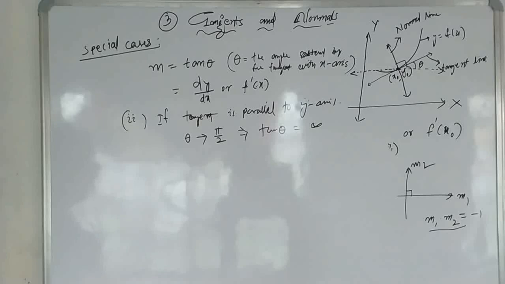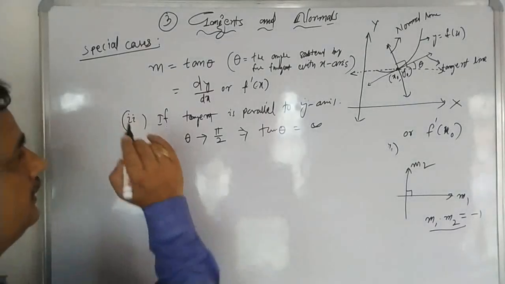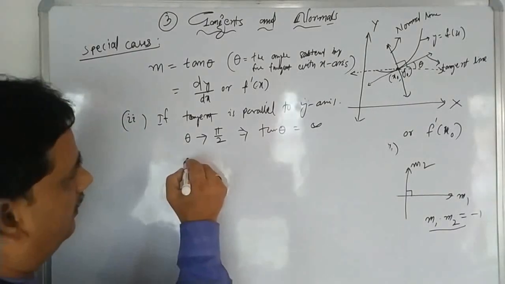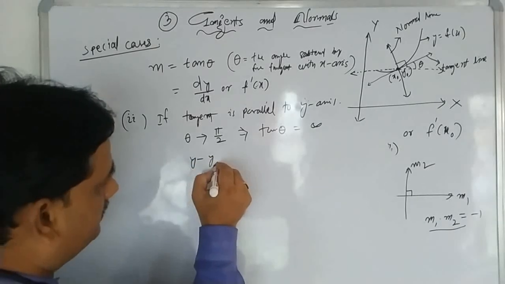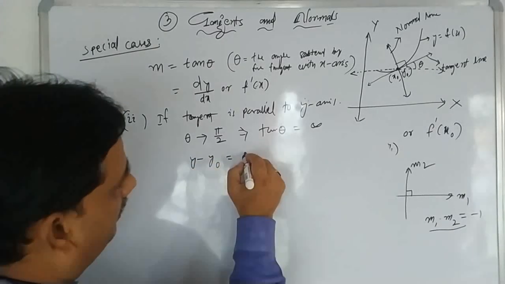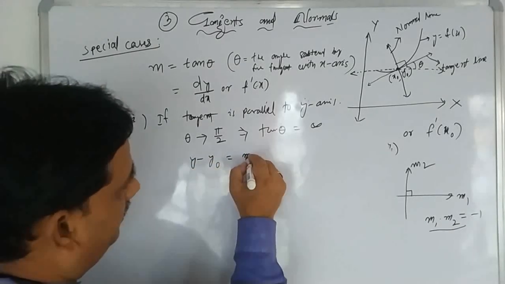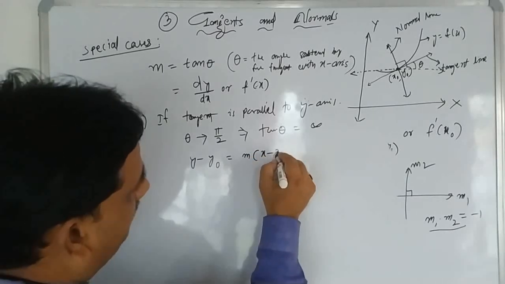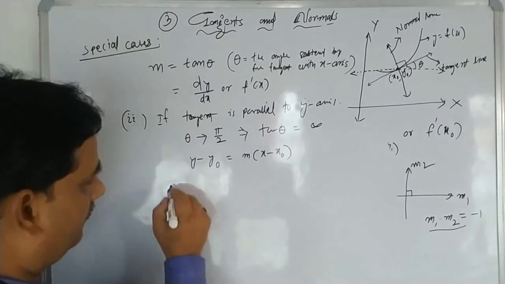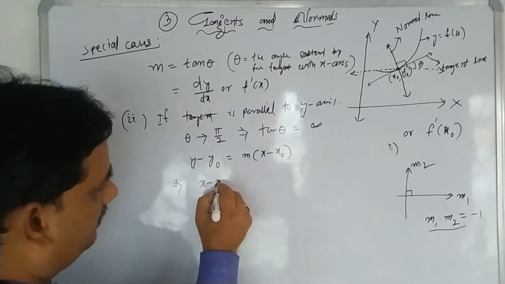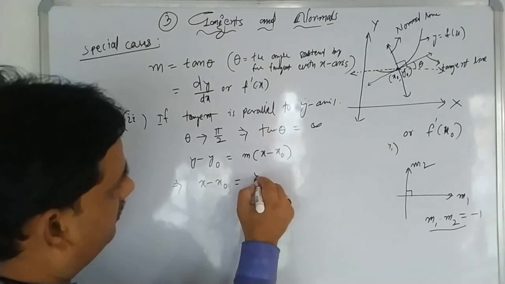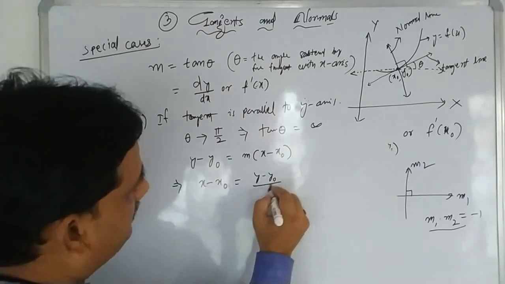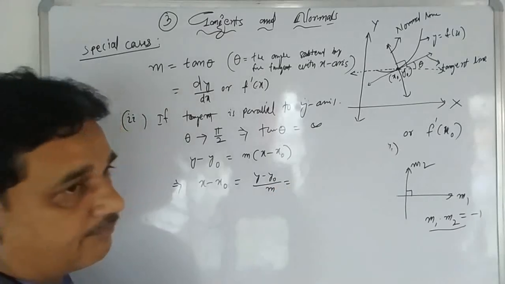Tan theta is infinity. Now, what will be the equation? y minus y0 is equal to m into x minus x0, so x minus x0 is equal to y minus y0 by m.